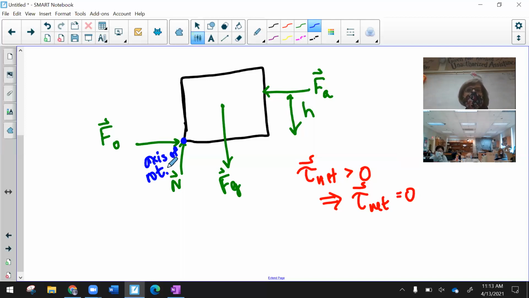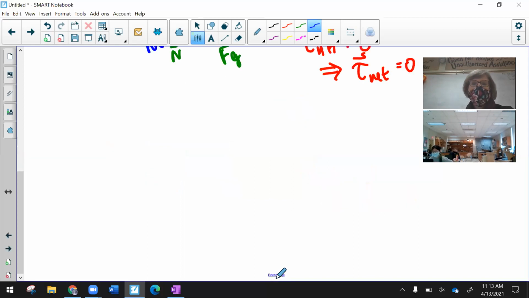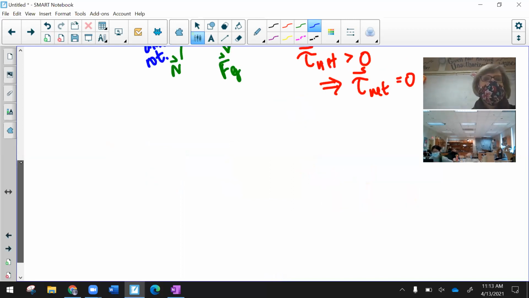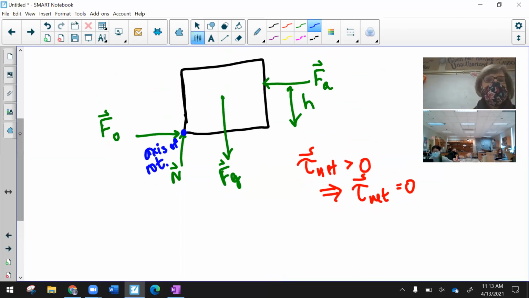So let's just get rid of them. But I know what the gravitational force is, and I know what that applied force is going to be. So this is going to give us tau net is equal to 0.